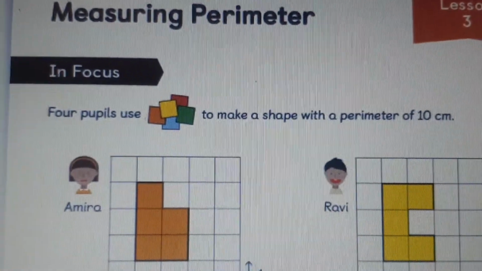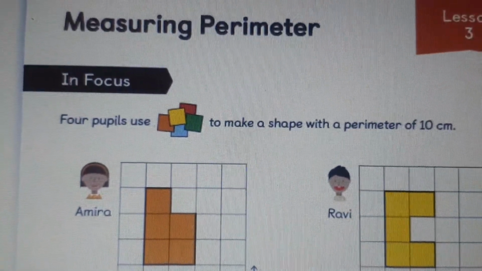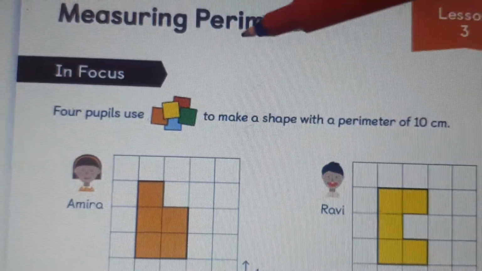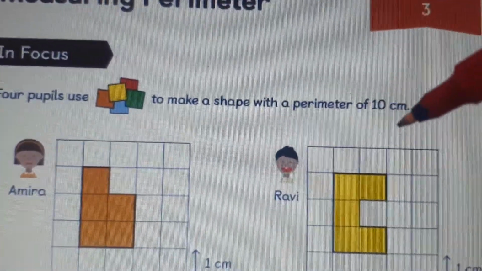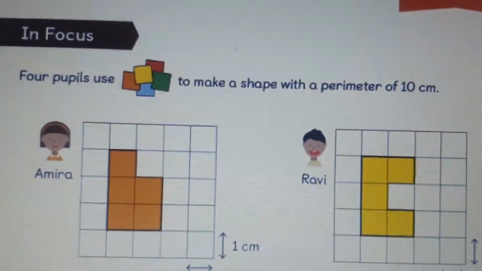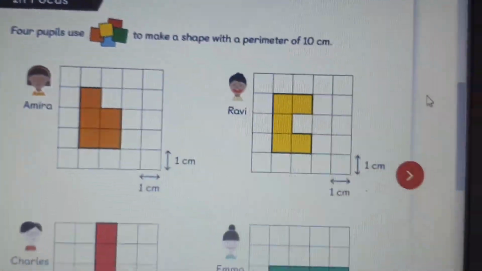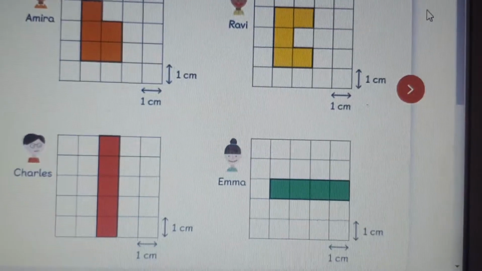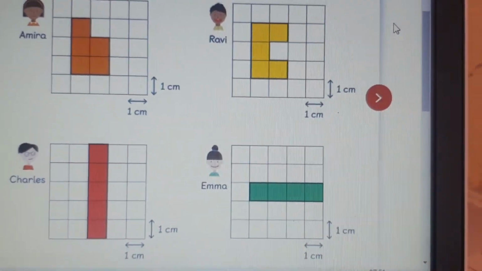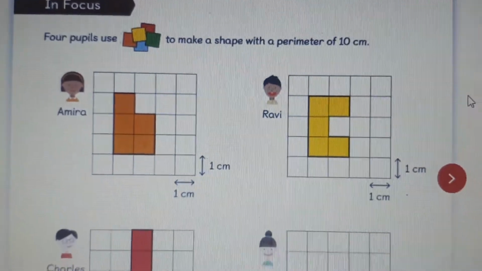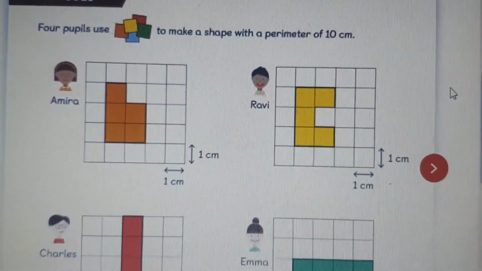Okay, let's have a look at our in focus for today. It says 4 pupils use these tiles to make a shape with a perimeter of 10 centimetres. So we've got Amira, Ravi, Charles and Emma. Which shape has a perimeter of 10 centimetres?